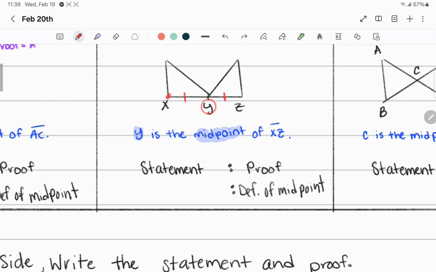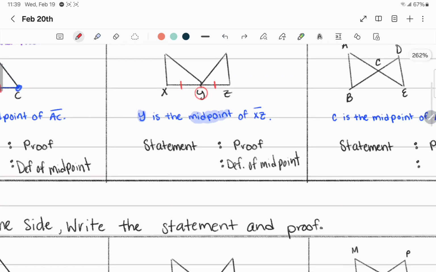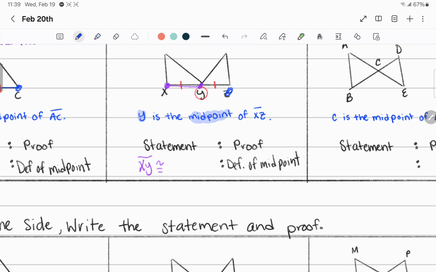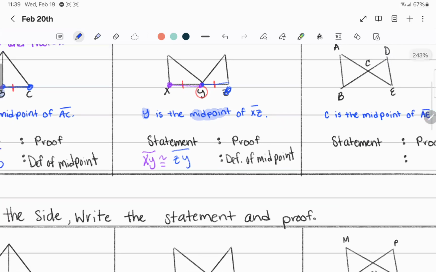So it cuts that line in half. And then again, your statement would be from one corner to the center. So XY is congruent to, and then the other corner to the center, ZY. So you have to do both of those parts.